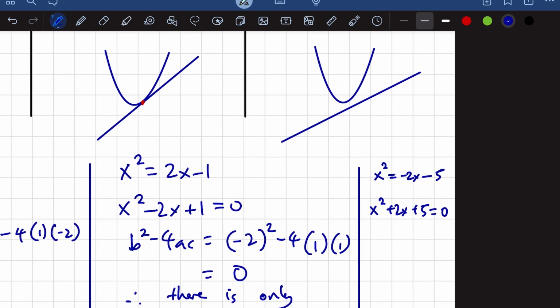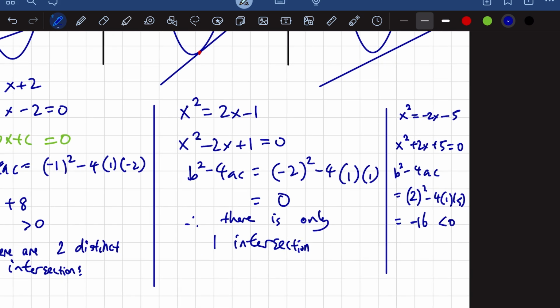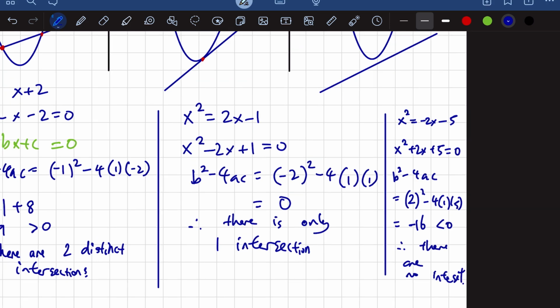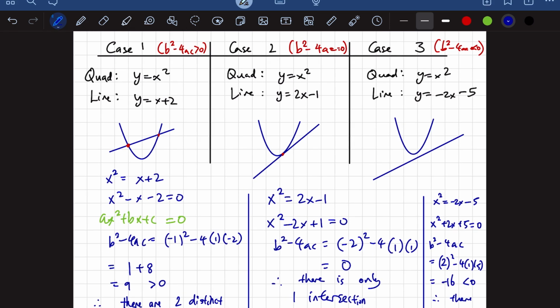Then we check the discriminant. b squared minus 4ac equals 2 squared minus 4 times 1 times 5, which is 4 minus 20, which is negative 16, less than 0. Therefore, our conclusion is that there is no intersection between the curve and the line.